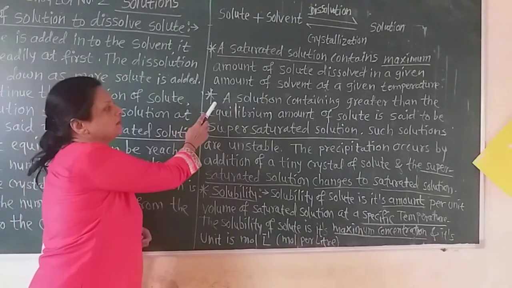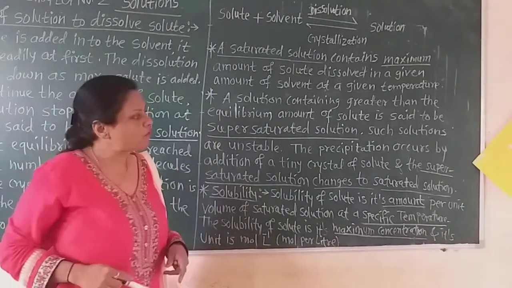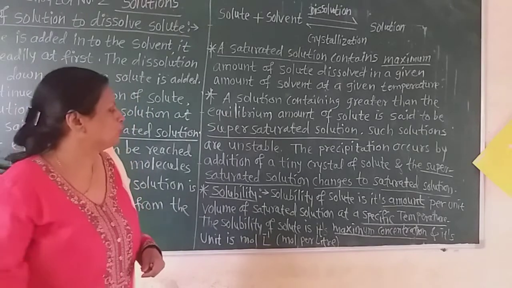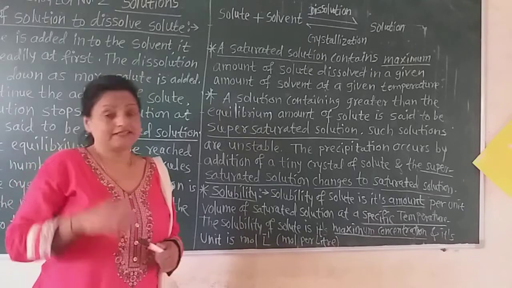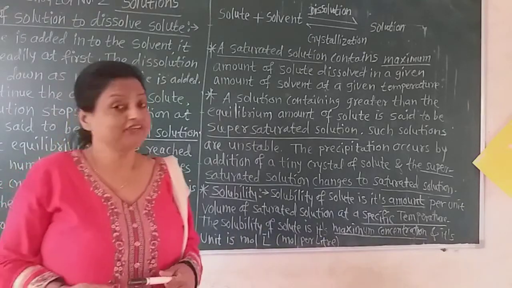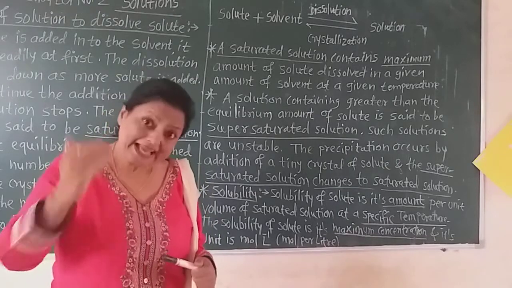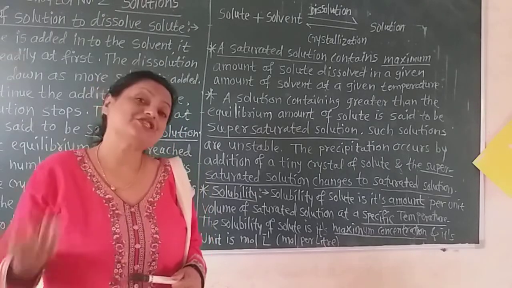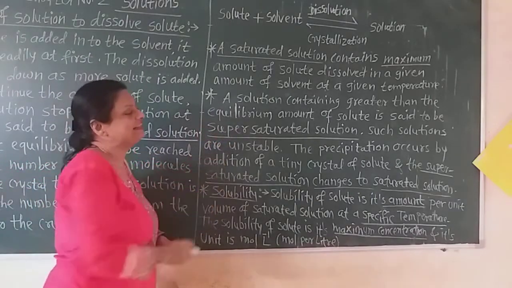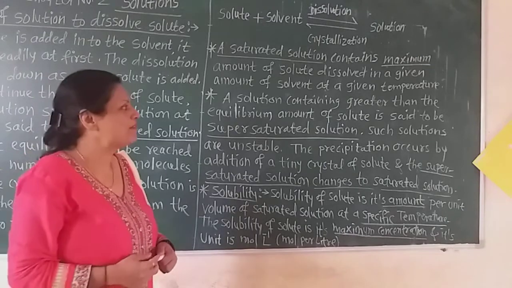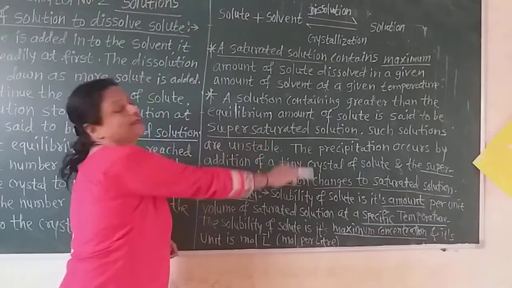Next, a solution containing greater than the equilibrium amount of solute is said to be a supersaturated solution. Equilibrium amount of solute means the amount in the saturated solution. But if the solution contains more than the equilibrium amount of solute, such a solution is called the supersaturated solution.